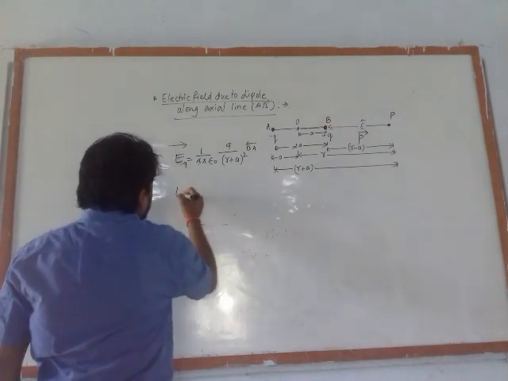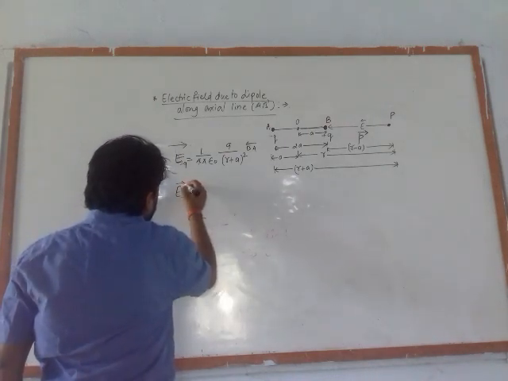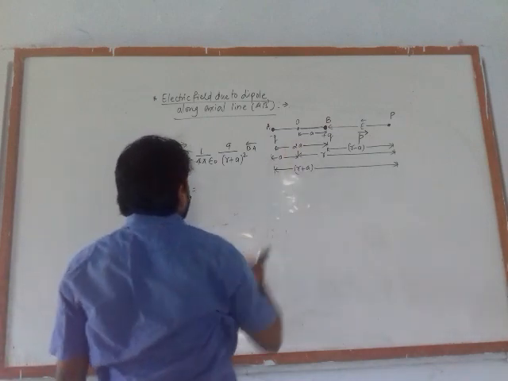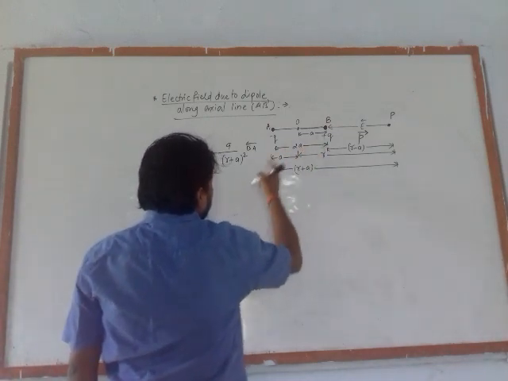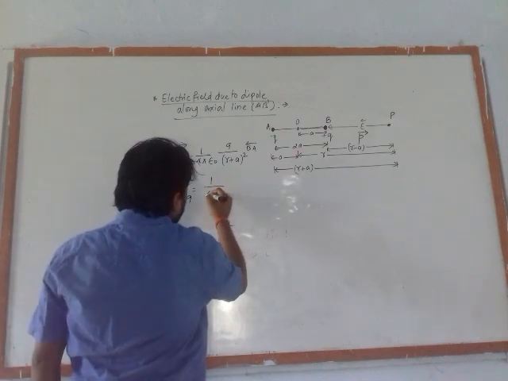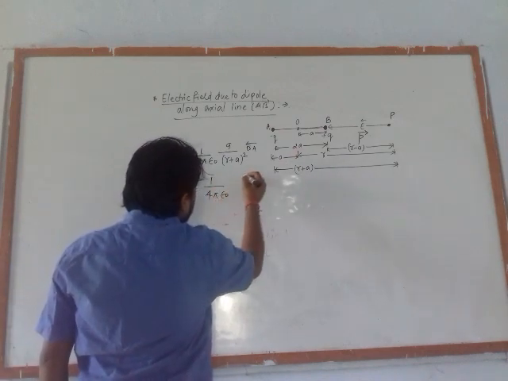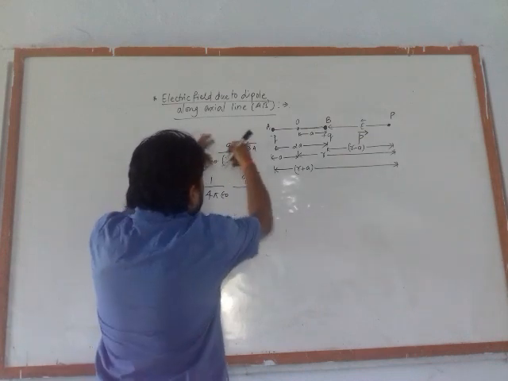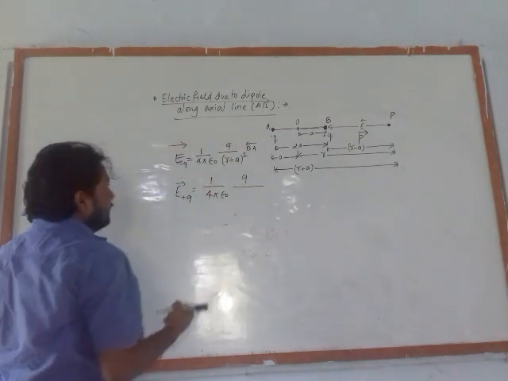Now we have E plus, the electric field due to the positive charge. So what can we write? 1 by 4 pi epsilon naught, this will be Q. We have to take the magnitude of the charge only, no need to take the sign here.